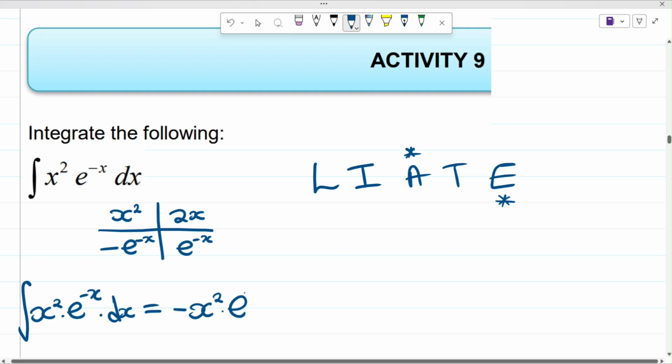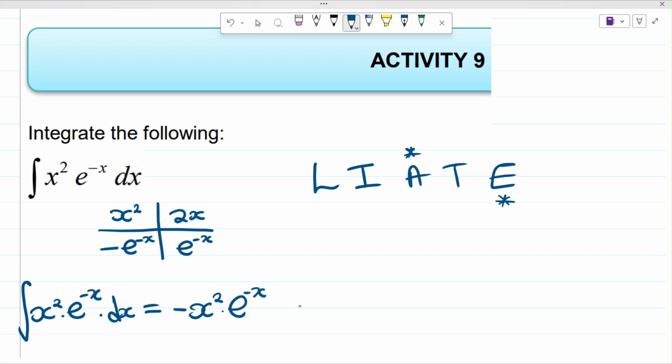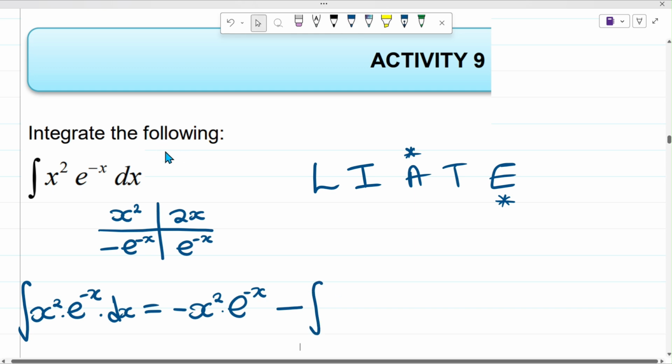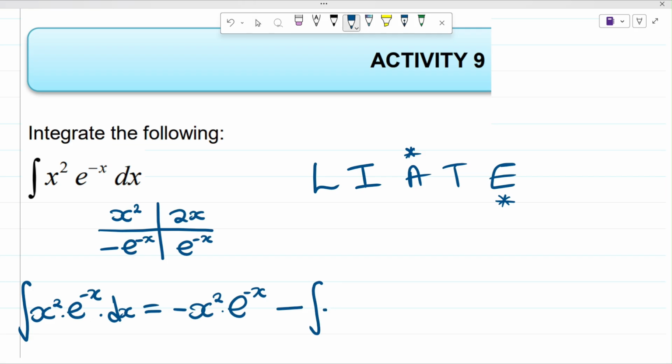Then minus, the minus that I wrote there comes from the integration by parts rule. Then minus what? Minus first multiplied by third. So this is going to be minus 2x multiplied by e to the power of negative x dx.